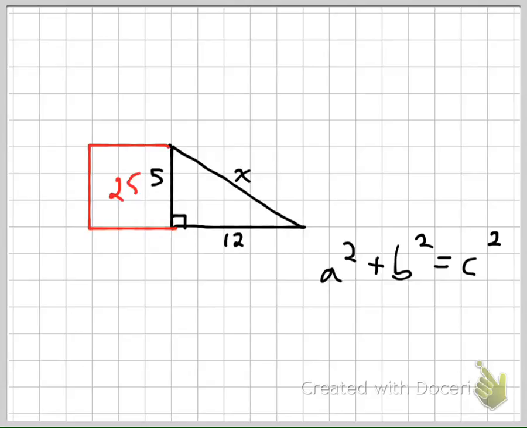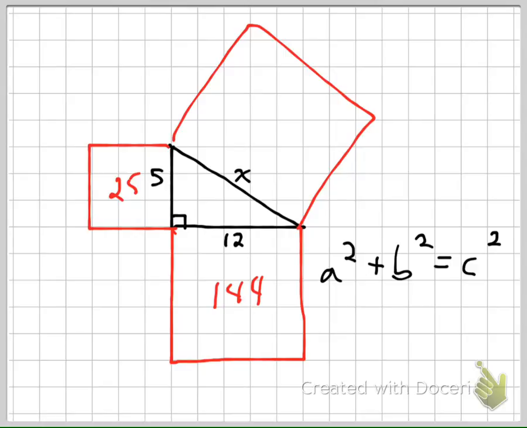Right? Does that make sense? Okay. What is this area then? 144. This is 144, which tells you something. We just did this. What does that tell you about the area of this guy?